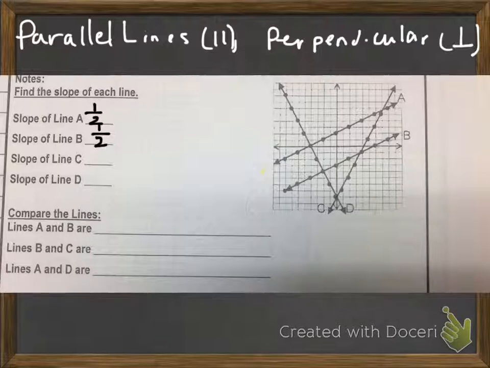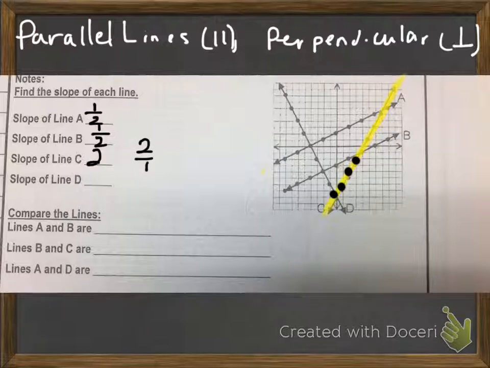Okay, let's look at C. Stop tapping, please. C is this line right here. And we have a slope of up 1. I'm sorry, not up 1. Up what? Up 2 over 1. Okay, so up 2 over 1 gives you a slope of 2 over 1, which reduces down to 2.